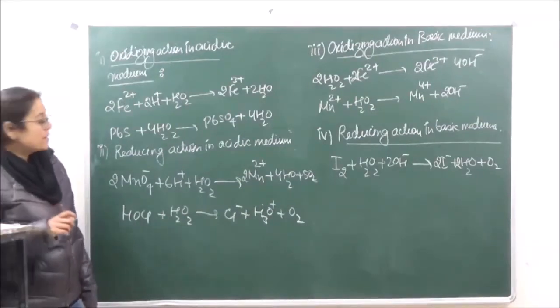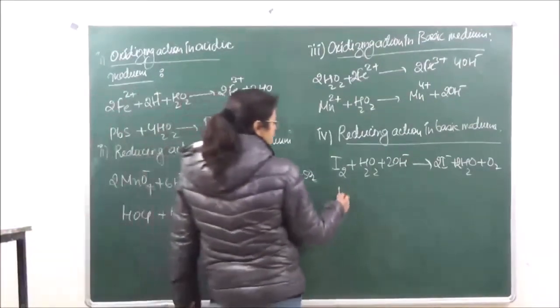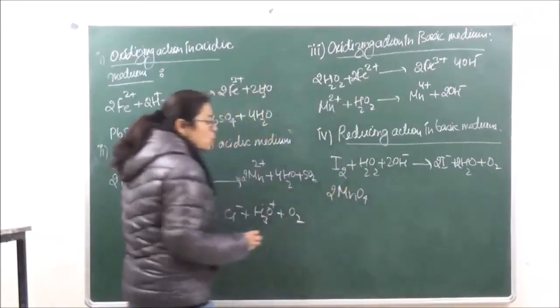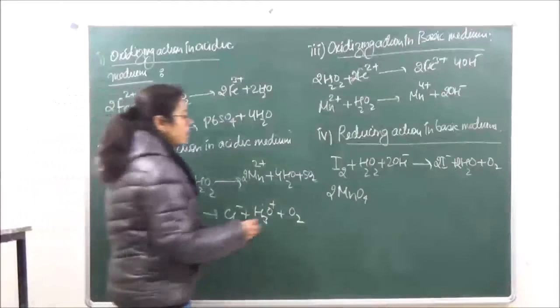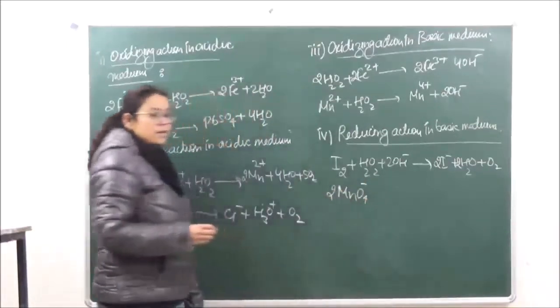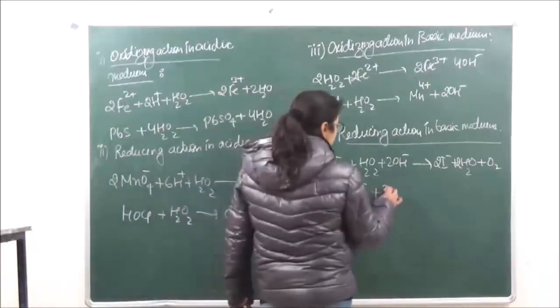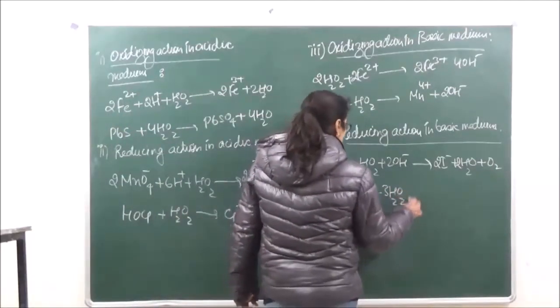In a similar manner, MnO4- is converted to MnO2. So we have over here MnO4-. The reaction will take place in presence of a peroxide, hydrogen peroxide. So H2O2.